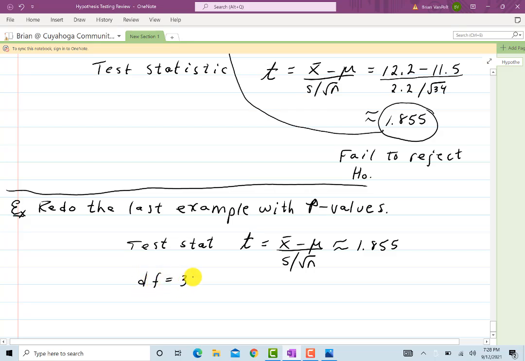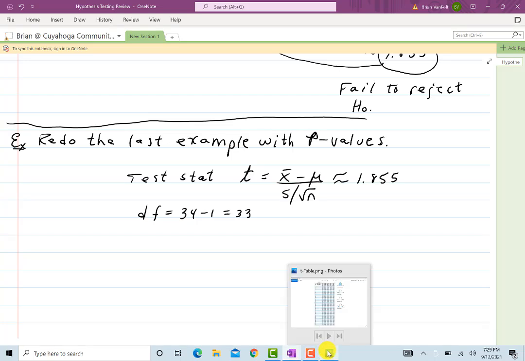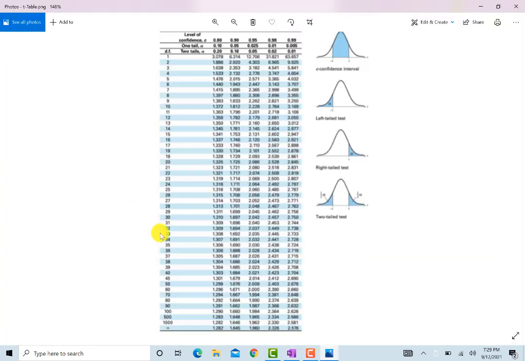And the degrees of freedom was 34 minus 1. That's equal to 33. So let me look in the 33 row and try to find this number if possible. The 33 row is down here, and we are at 1.855. Do you see this here? It's between 1.692 and 2.035. So if I look at the alphas up here, it's strictly between 0.05 and 0.1.